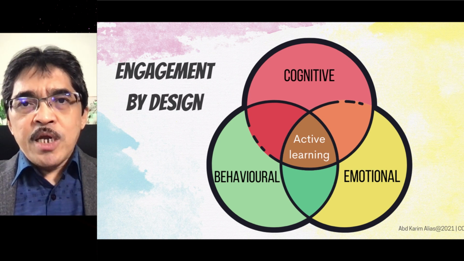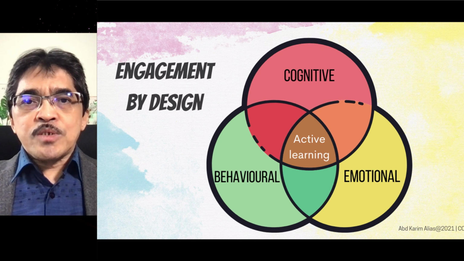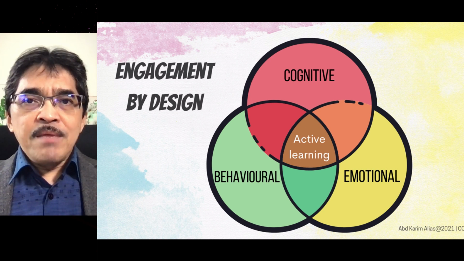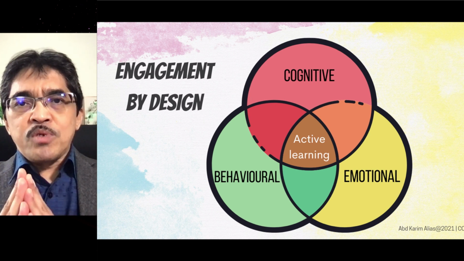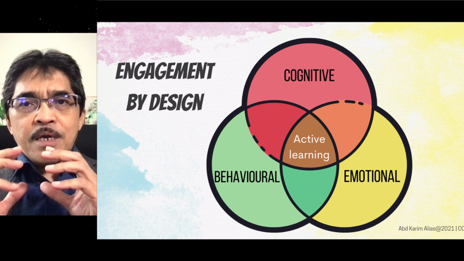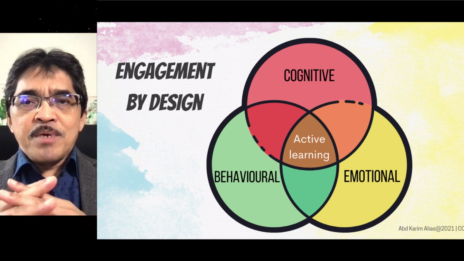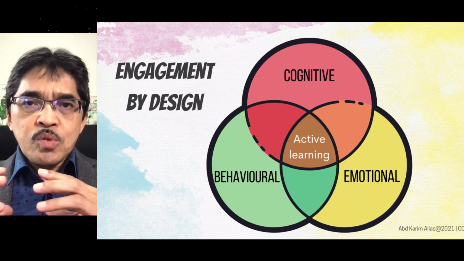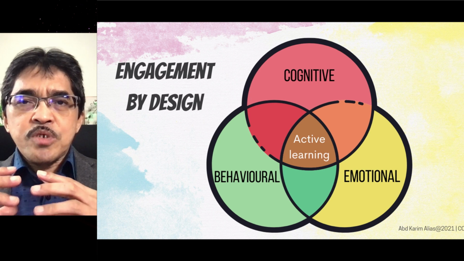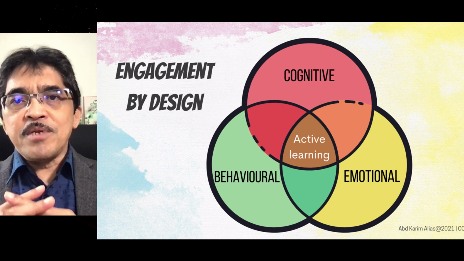So here I would like to share the so-called three elements of student engagement. The true meaning of student engagement is addressing these three elements, and we can design our course in such a way to have these three elements integrated seamlessly.